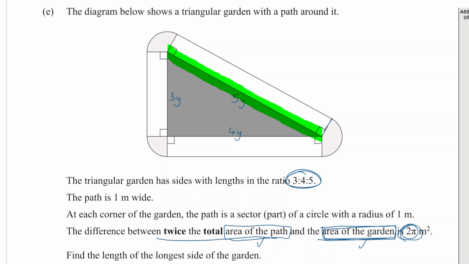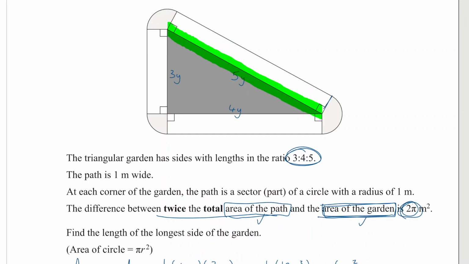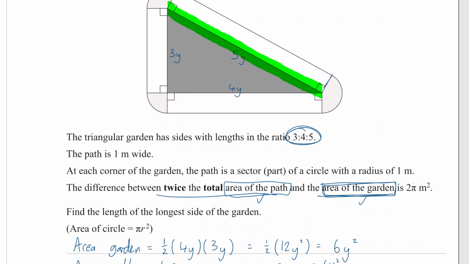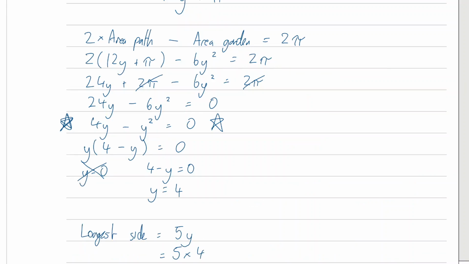We then used those variables, those expressions, to express the area of the path and the area of the garden, so that we could use this information about the difference, 2 pi. So that was here, which then let us form a quadratic equation, which we solved for y. And then using y, we were able to find the longest side.